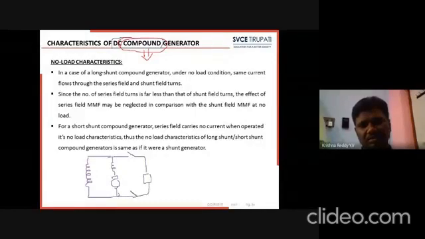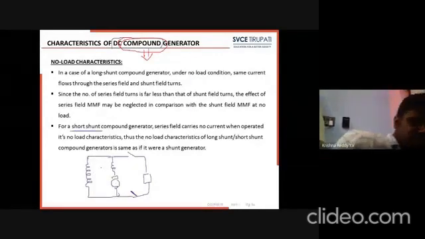Before that, in order to obtain the load characteristics, we open the switch. Long shunt compound generator means we connect the shunt field winding across the series field winding and armature winding, both of which are connected in series.